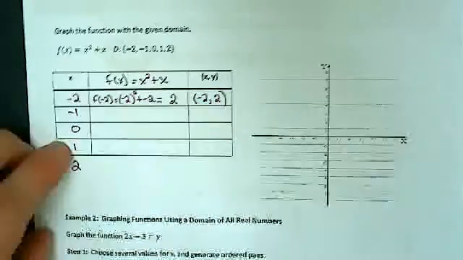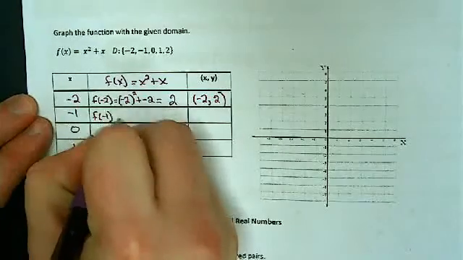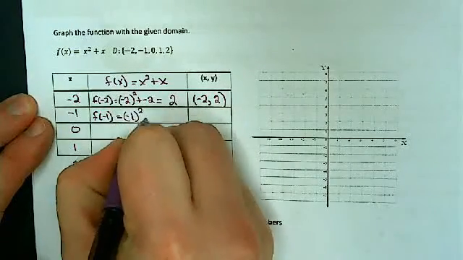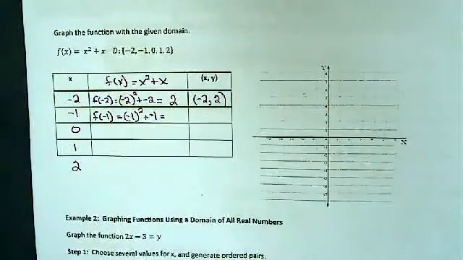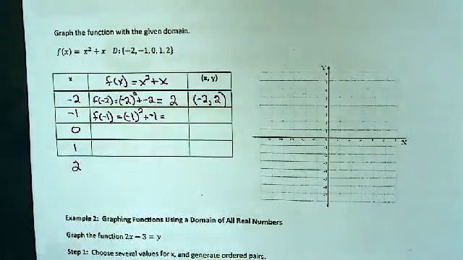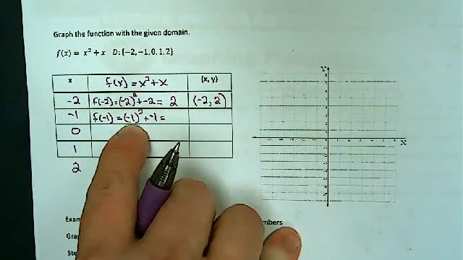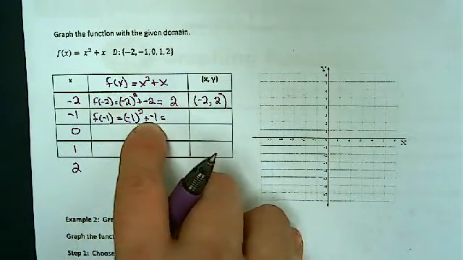Now let's go ahead and tackle -1. So f of -1 equals, let's see, -1 squared plus a -1. All right, -1 squared, that's positive 1, minus 1, gives me 0, right?